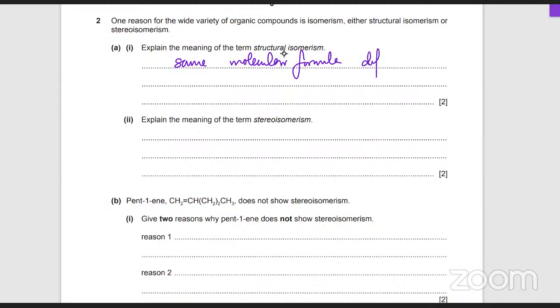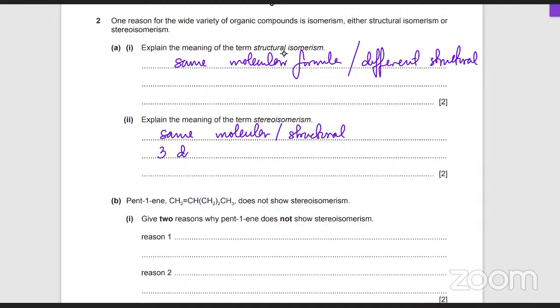The same molecular formula but different arrangement of atoms. ठीक है, अच्छा same molecular formula, different structure. Molecules having same, यहाँ पे क्या होगा? It's the same molecular as well as structural. Everything would be the same, except the three-dimensional geometry is different. A different arrangement in space.